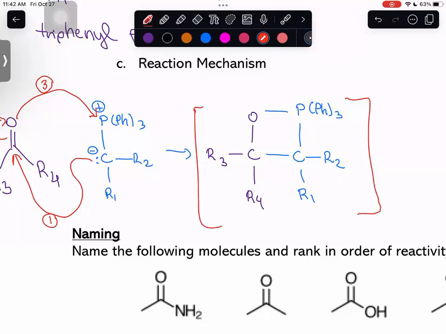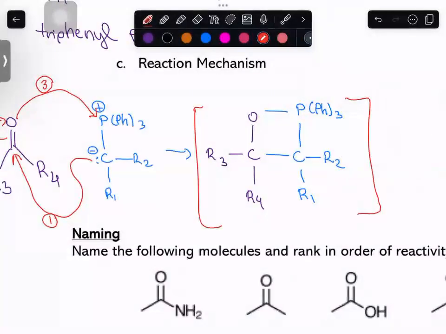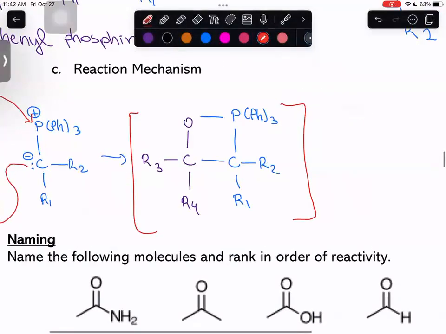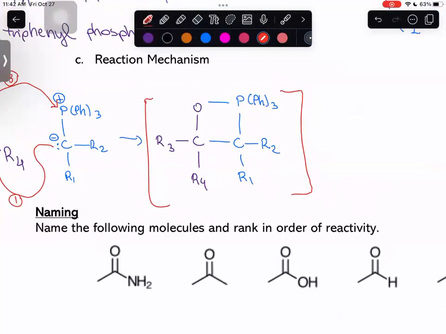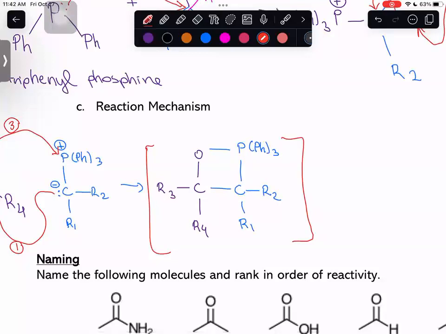Question: I'm so confused about how do we know that R1 and R2 will stay in their place and not flip? Technically both versions are going to be created. In this case, it's just to generalize the actual mechanism. And now, just in case, the name for this guy is going to be quite long.